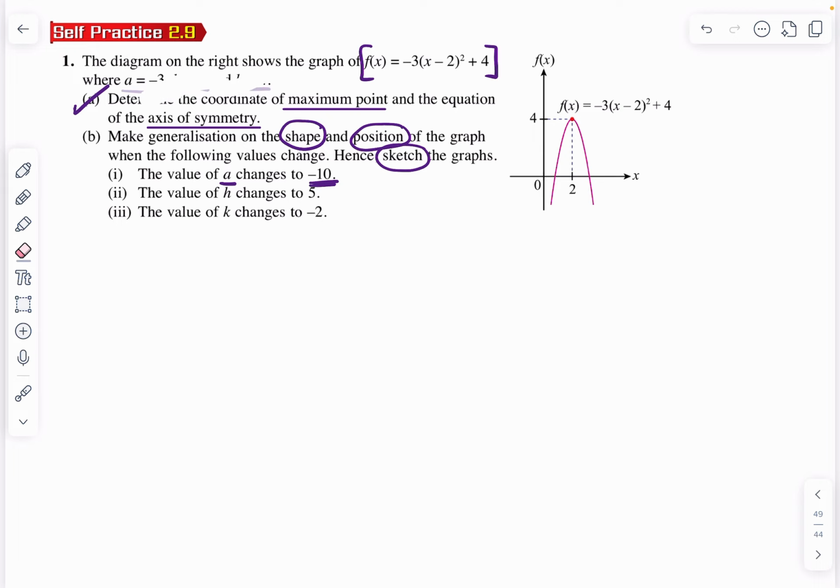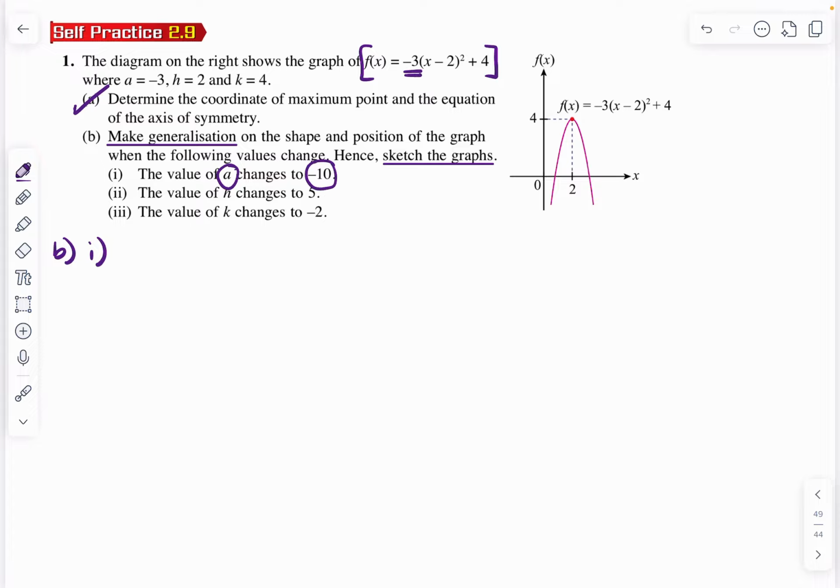Let's erase all these first. Okay. They want us to do two things. First, we have to make generalization. Second, we have to sketch the graph. Okay. So let's see the first one. They said when a changes to -10. So currently our a is -3. We are changing this to -10. Okay, let's see what happens.